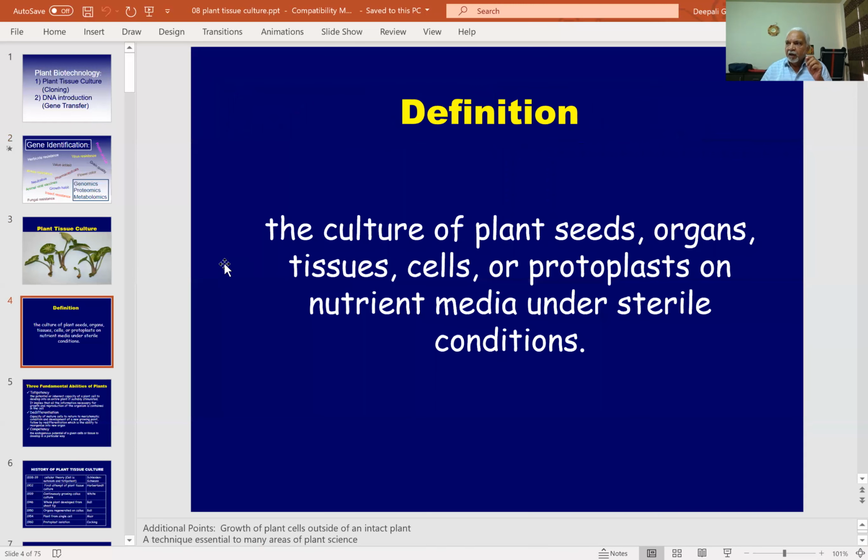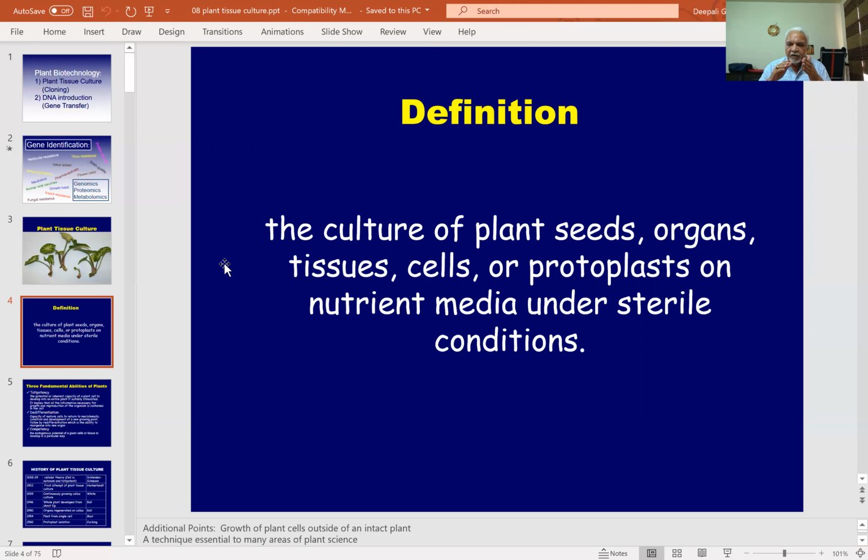So, what is plant tissue culture? Basically, if we have to define it, it is the culture of seeds, tissues, cells, protoplasts on a nutrient media under sterile conditions.